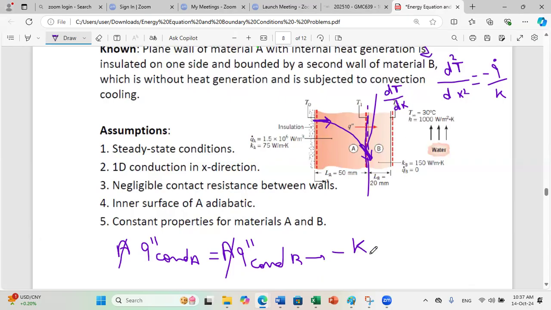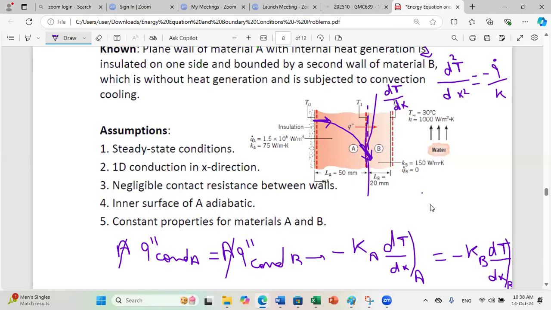And we can write that minus Ka dT by dx in material A is equal to minus Kb times dT by dx in material B. Okay, so now I can deduce the relation between slopes.